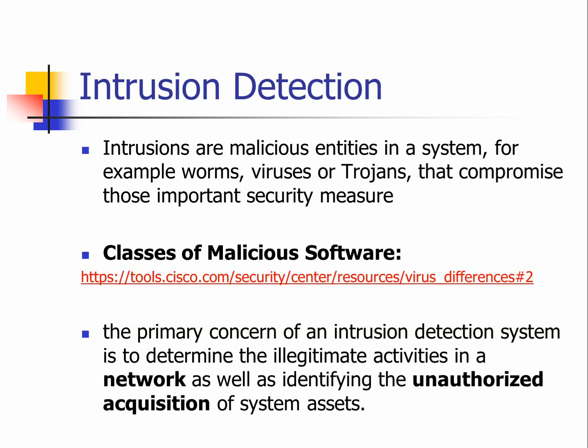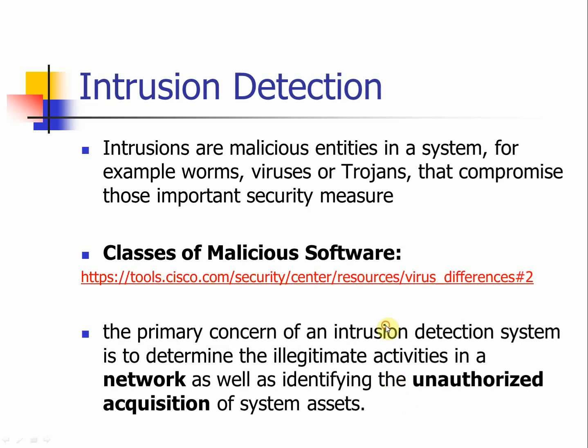The primary concern of an intrusion detection system is to determine the illegitimate activities in a network, as well as identify the unauthorized acquisition of the system assets. So basically there are two major areas. One is about the networking, the other is about the computers or the machines that you are using.